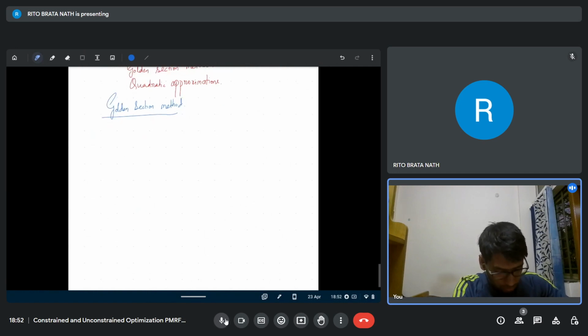So here, suppose I give you this x1 and x2 belonging to the interval A to B, and overall length of the interval is L0.